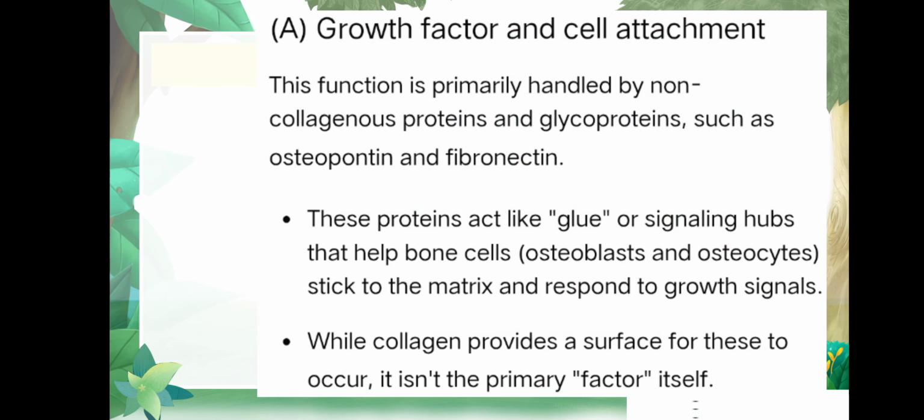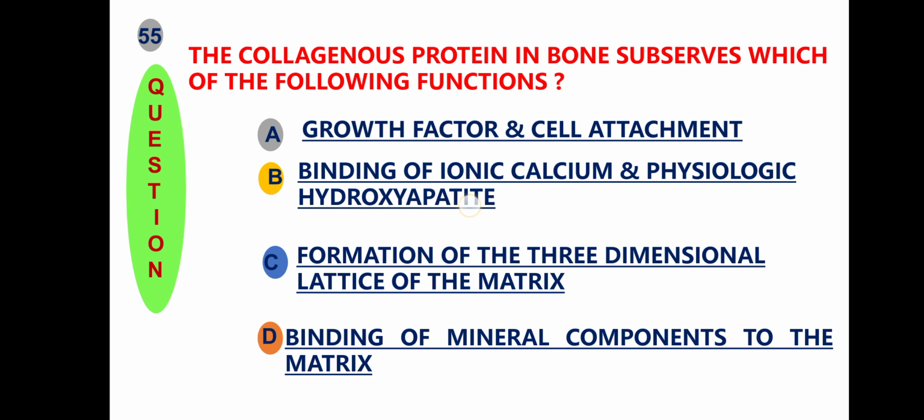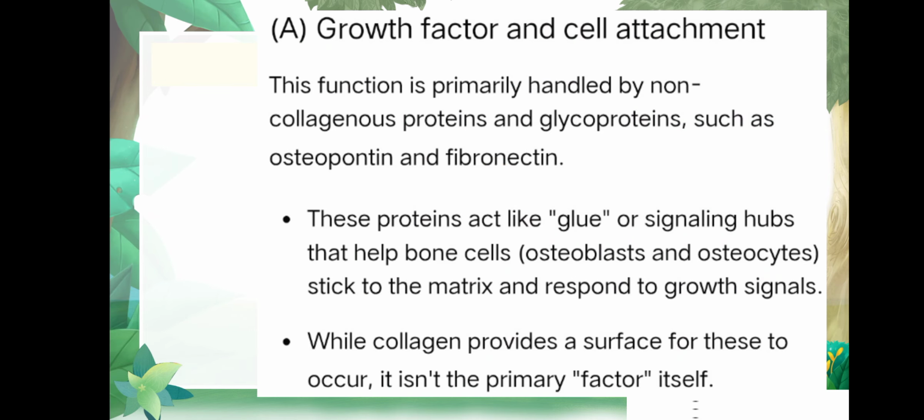So coming to option A, the question was, the collagenous protein in bones subserves which of the following function? Option A is growth factor and cell attachment. This is primarily handled by glycoproteins like fibronectin and integrin, which mediate cell to cell adhesion.